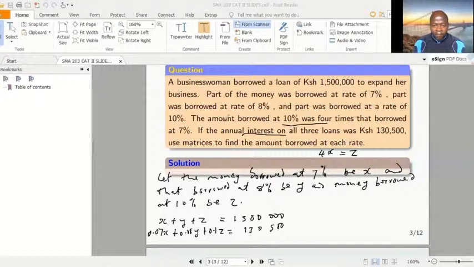So 4 times x gives you z. Or in fact, this is 4x minus z is 0. So this is the other equation: 4x minus z is 0.